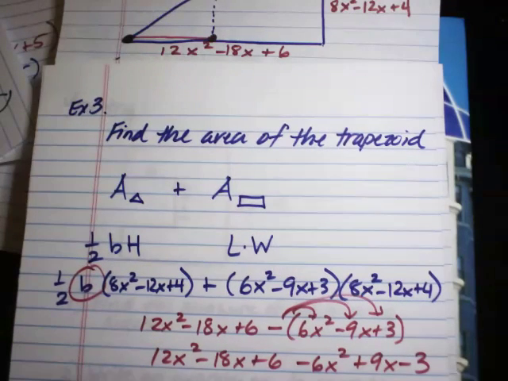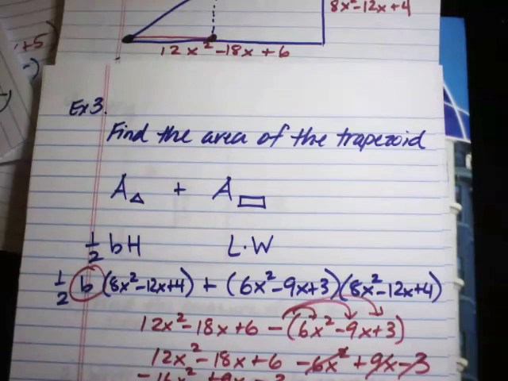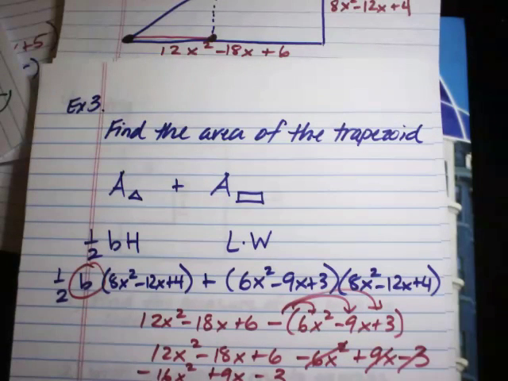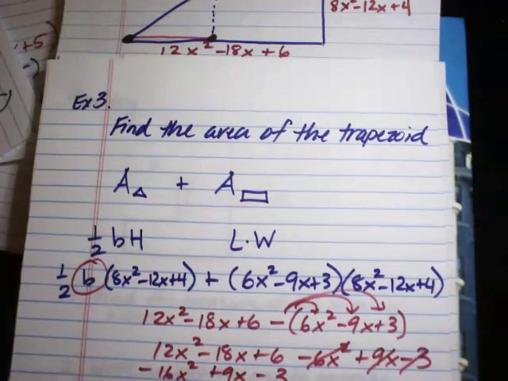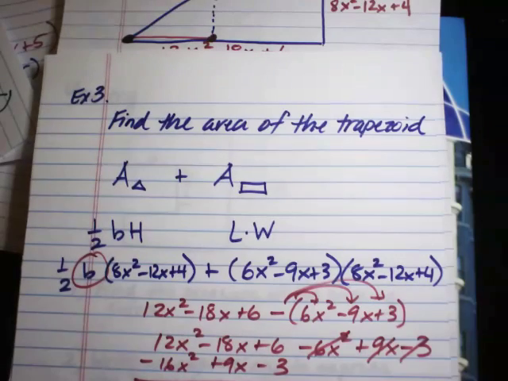Let's combine like terms. So you have 6x squared minus 9x plus 3, and a negative... the result is 6x squared minus 9x plus 3. Okay, so this is your base for the triangle.